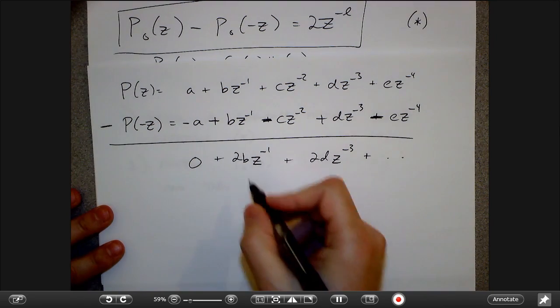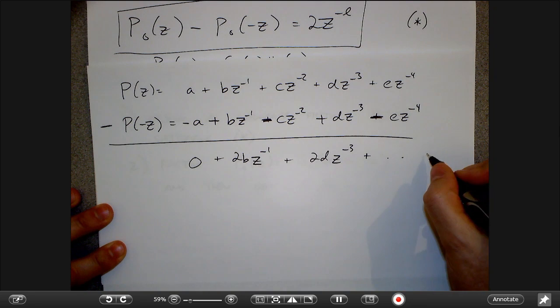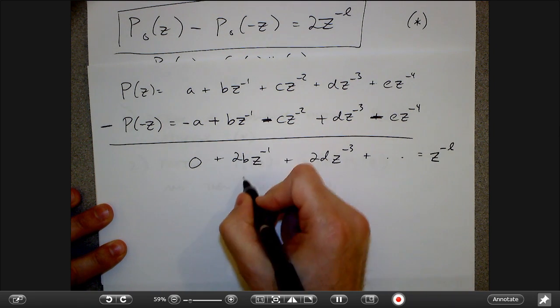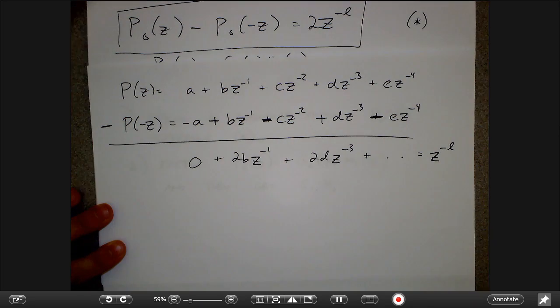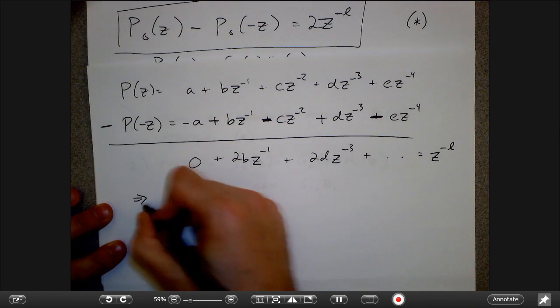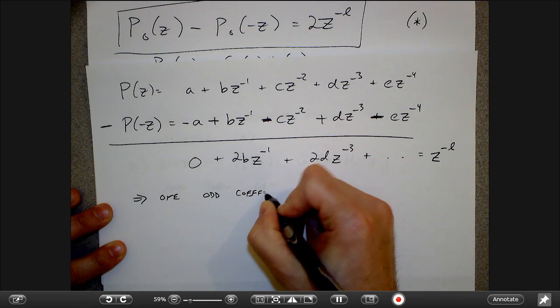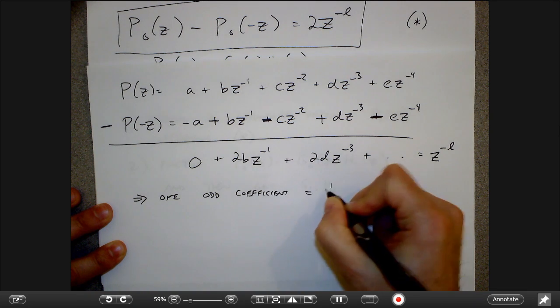And then this condition says, okay, if I want this thing to be equal to Z to the minus L, that means that one of these guys has to be 1/2. So one odd coefficient has to equal 1/2.